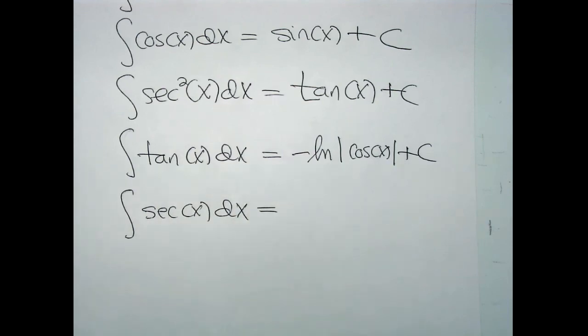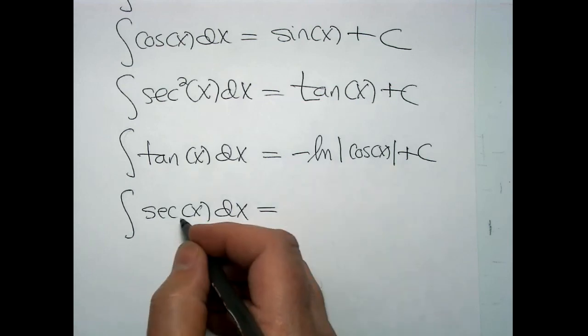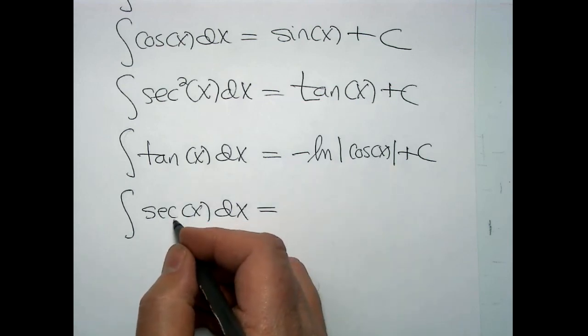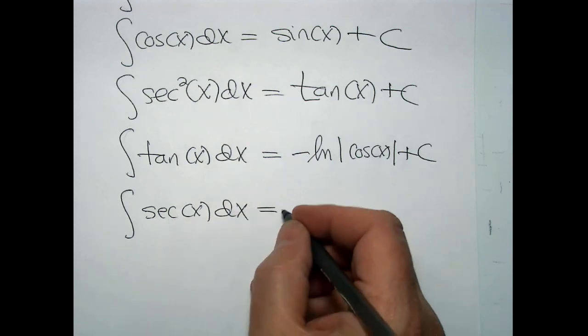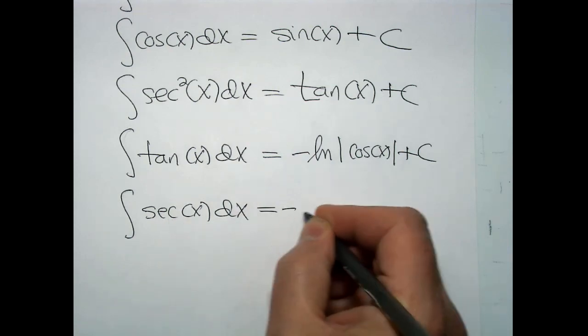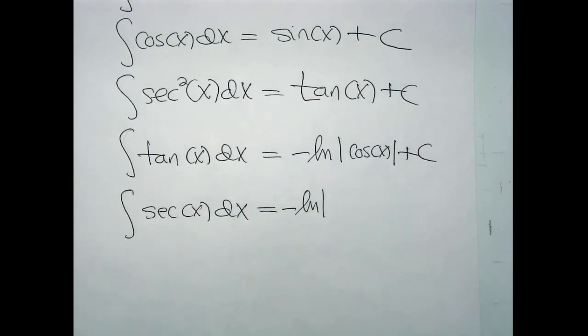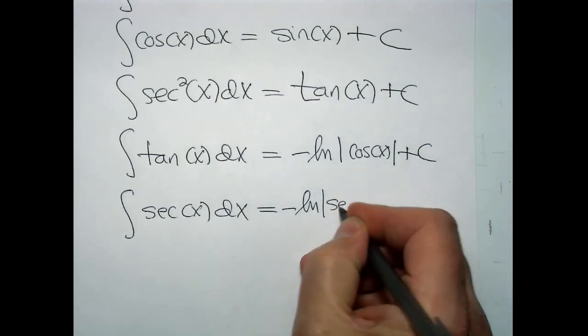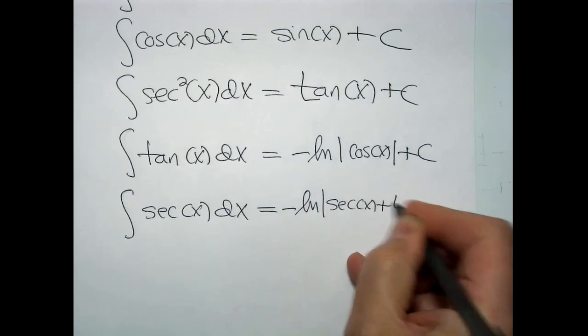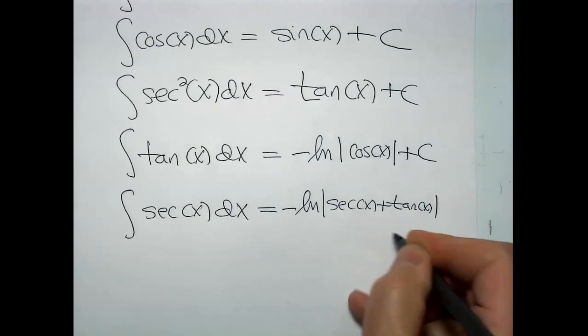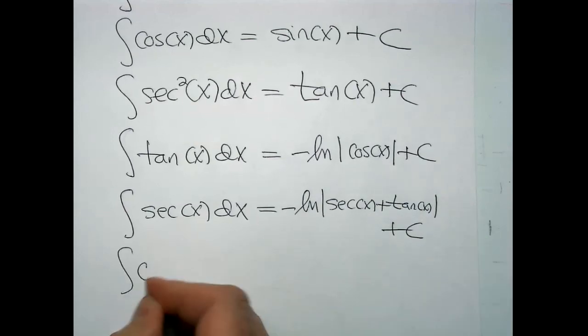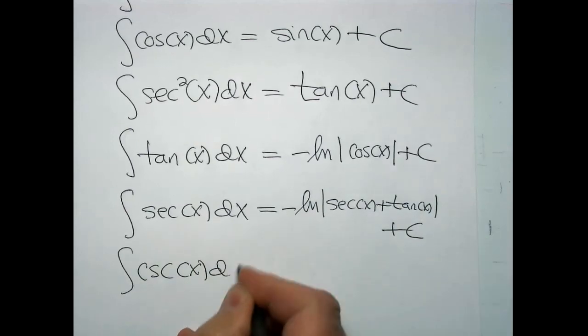Now, for those, it's much more involved, but we again apply some identities to get this to look like a fraction. And you'll pass the 3-step checklist, and you ultimately land on this crazy result. And then cosecant should be somewhat similar.